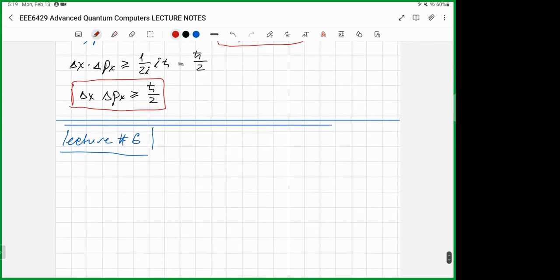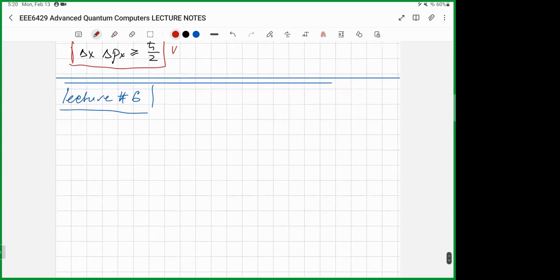For example, the very well known result, delta x delta p_x is larger than h bar over 2, tells us that we cannot measure the coordinate and momentum simultaneously with accuracy better than h bar over 2.